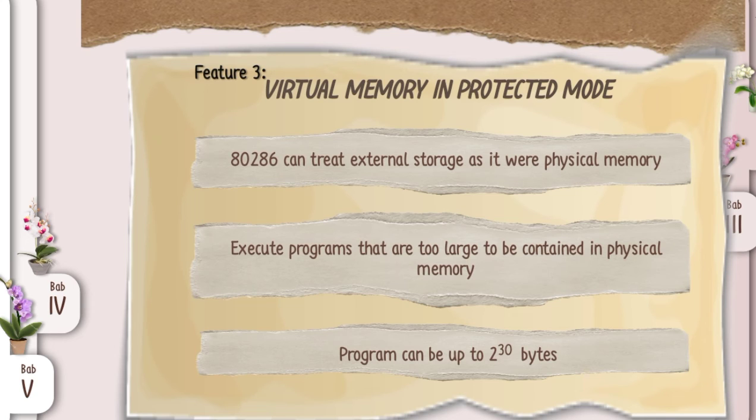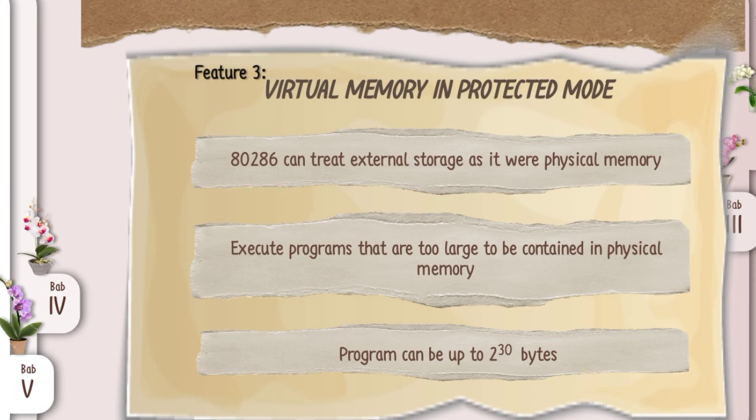The Intel 80286 can treat external storage as if it were physical memory. The 80286 can address up to 1 megabyte of physical memory addresses like the 8086. In virtual address mode, it can address up to 16 megabytes of physical memory address space and a 1 gigabyte virtual memory address space. Second, it can execute programs that are too large to be contained in physical memory.